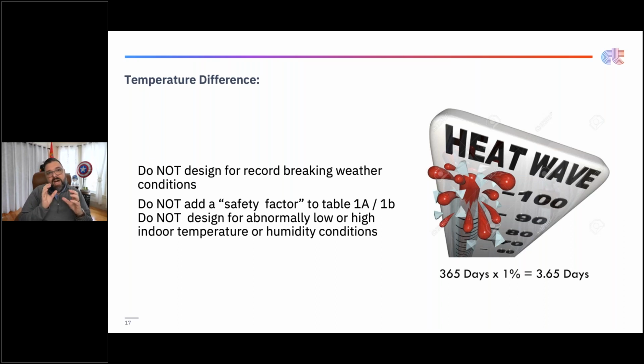So on the outdoor design conditions, the 1% or 99% design temperature means at any time throughout the entire year, let's say your design temperature is like, I think it's like 27 in Seattle, in that range. That means when you add up all the hours of all the days, it adds up to 3.65 days. It was less than 27 degrees outside. All right.